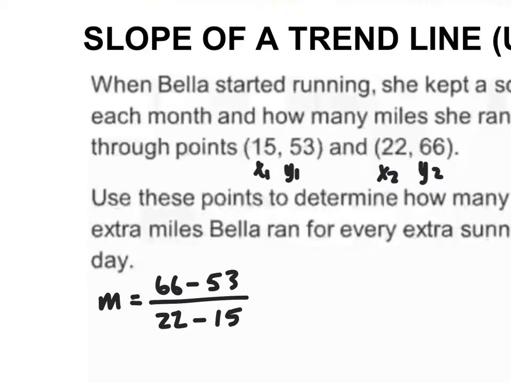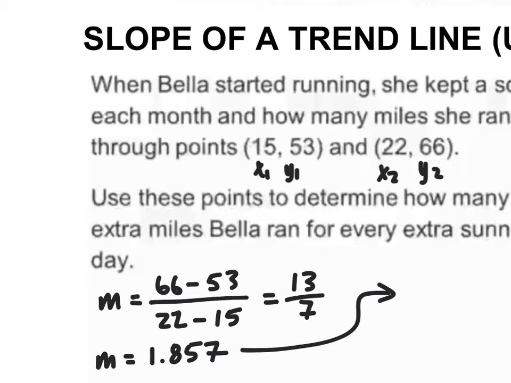Now, when I do this, 66 minus 53 is 13. 22 minus 15 is going to be 7, okay? So if we take 13 and divide it by 7, that's going to give me a slope of 1.857, okay? Let's go ahead and round this to the nearest tenth. So let's call this m is equal to 1.9.